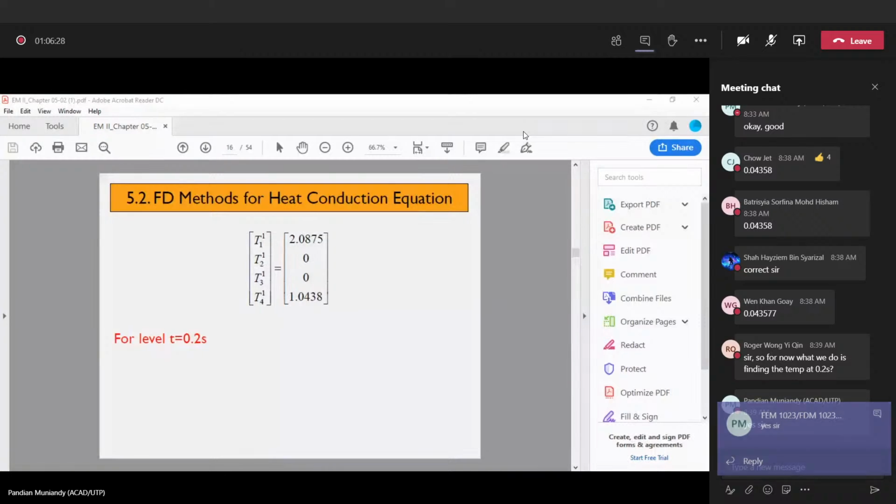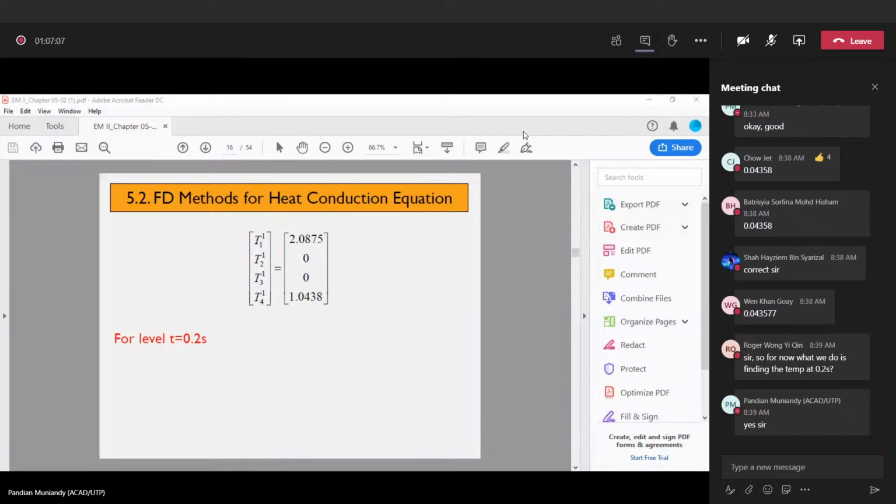Now T2 is ready at I is 2. We are finding the temperature at 0.2 second, but there are 4 different temperatures. At x 2 cm you got 4.08785, and at x 4 cm, that is at I is 2, you got 0.04358.